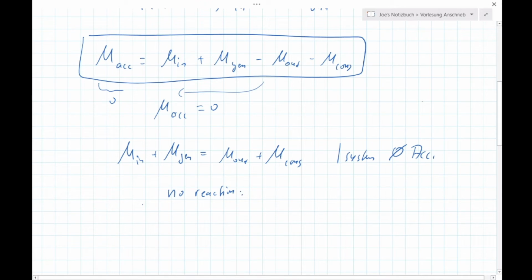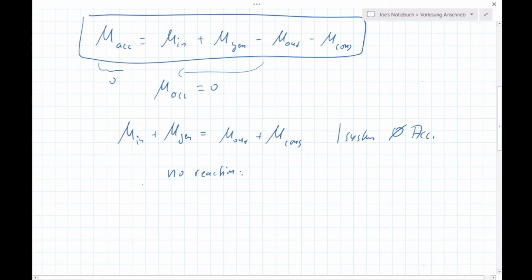And now, if we have a system with no reaction, we come to an equation which looks even simpler. In this system, we have the M generation is 0, and M consumed is equal to 0. So in this case, the mass balance is simply M in is equal to M out.